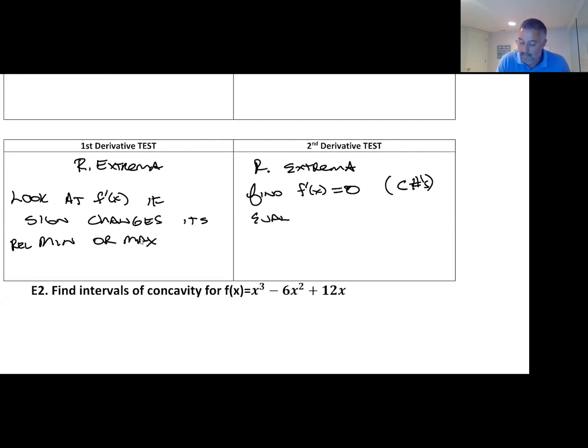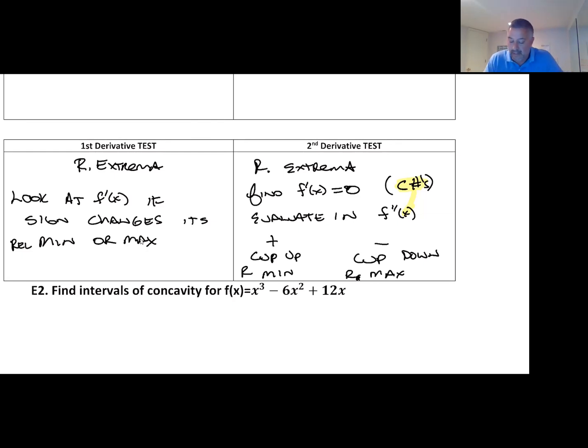Evaluate in f double prime of x. Put these into here. If I am positive, I am cup up, which is a relative minimum. And if I'm negative, I'm cup down, which is a relative maximum.